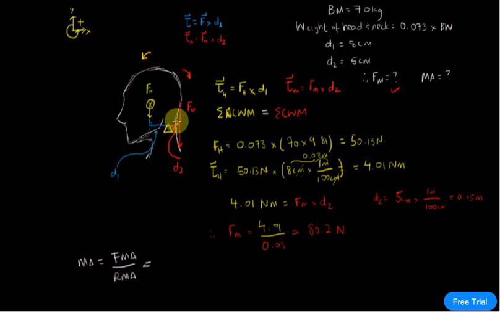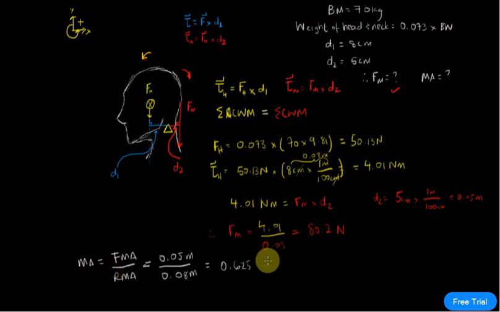The force moment arm we said was 0.05 meters. The resistance moment arm was 8 centimeters, or 0.08 meters. So I'm left with 0.625.